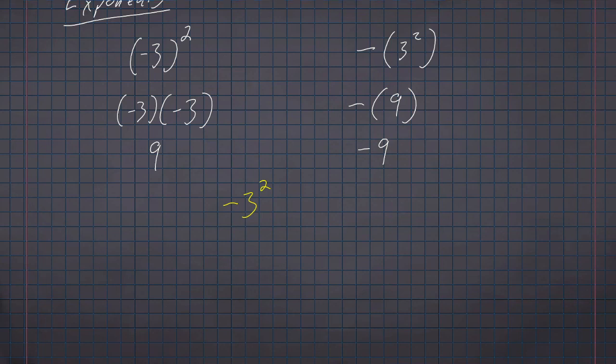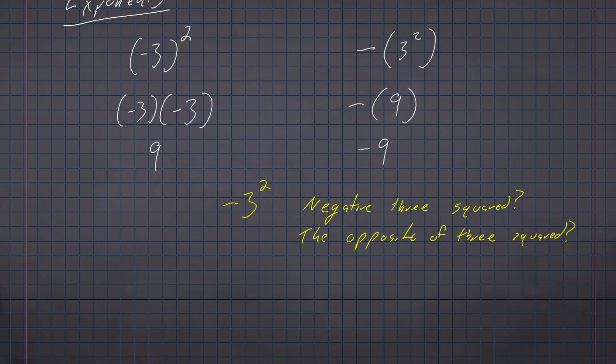And there's no good answer here. It's not clear with the parentheses missing whether this statement should be read as negative 3 squared or as the opposite of 3 squared.